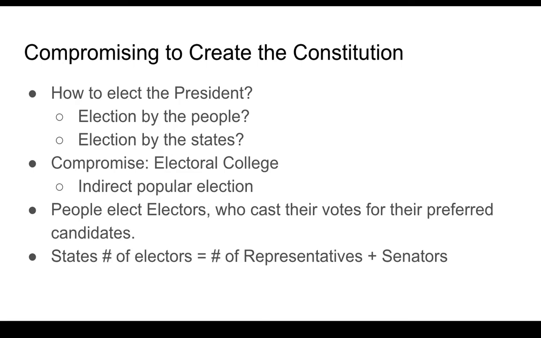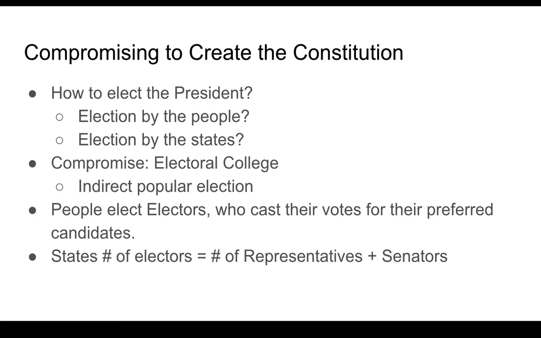But this is how the Electoral College works. People elect people we call electors who cast their votes for their preferred candidates. If you wanted, say, President Washington to be elected, you would vote for the people who supported President Washington, the people who were part of his party. Those were the electors, and then they in turn would cast their ballots for that person.